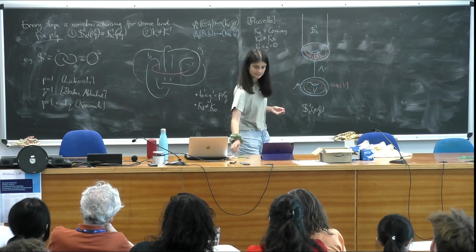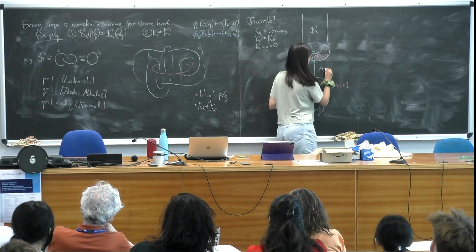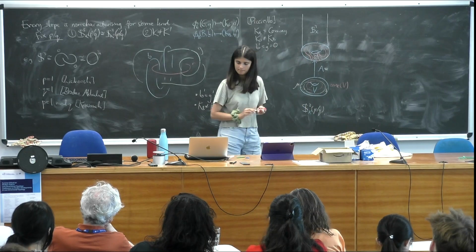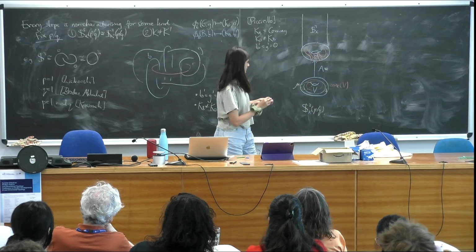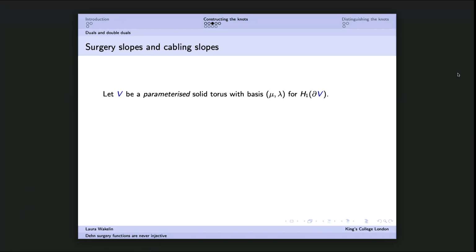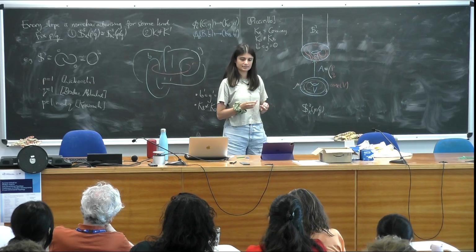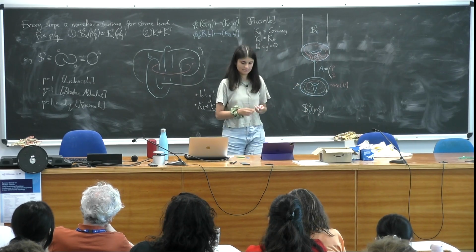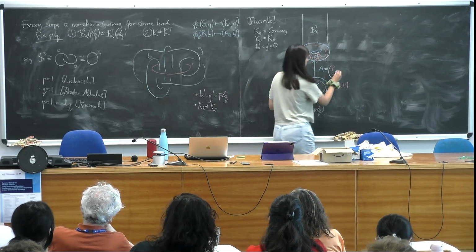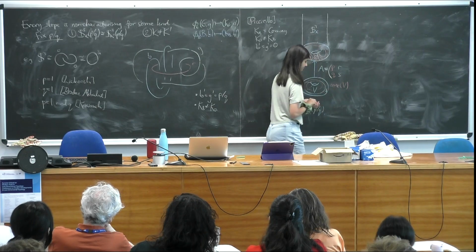If we do this, then we can actually express our matrix A as a 2x2 matrix, where the first column is going to be PQ, because that's going to tell us where the meridian goes. That's the definition of Dehn surgery. And then the second column is going to tell us where the longitude goes, and that's our RS.